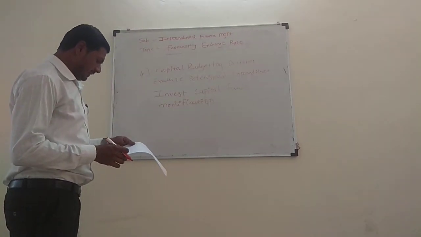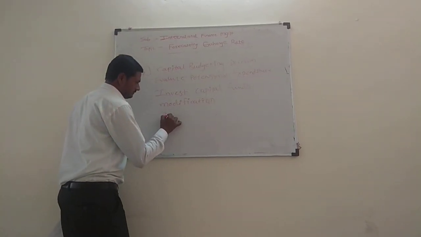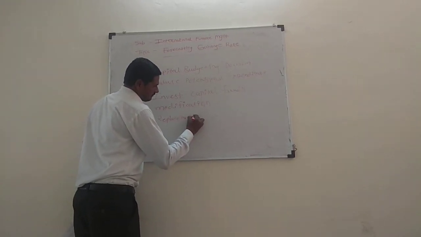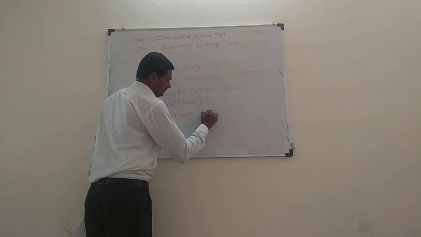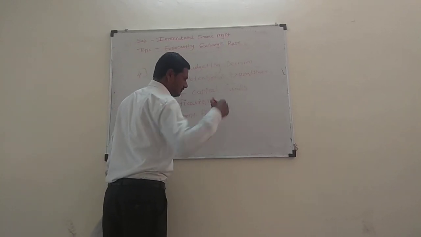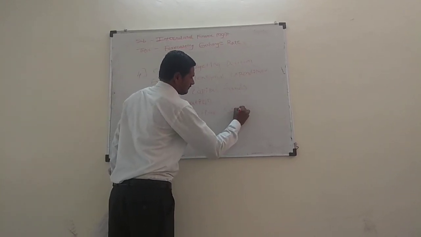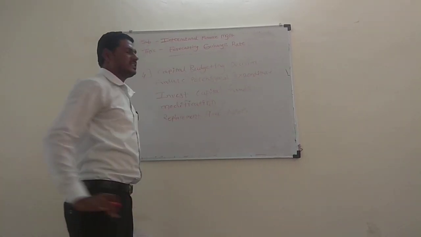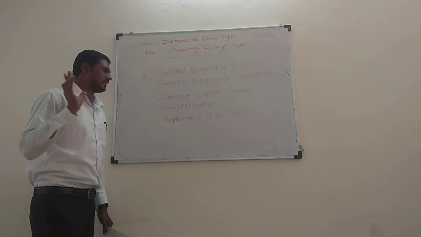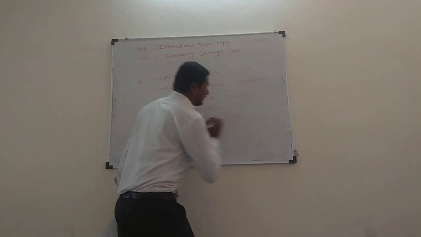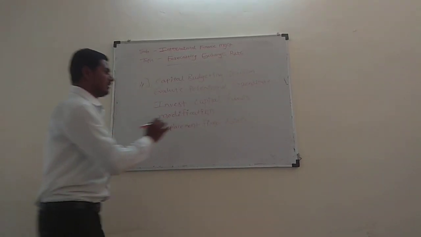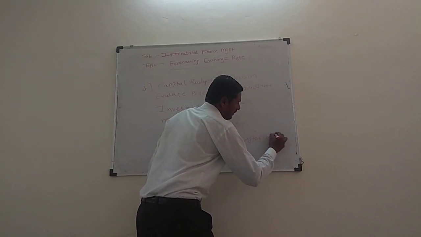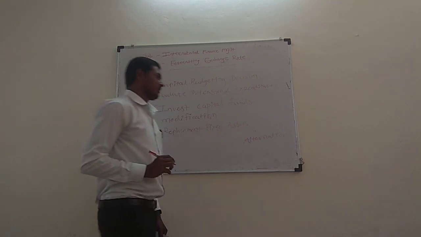Then replacement of fixed assets. In capital budgeting, you can invest in one thing, then you can replace your fixed asset, and alternative options are created.